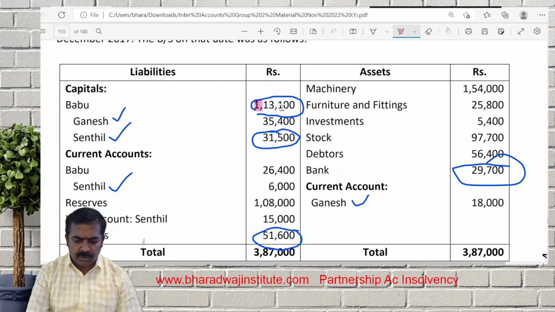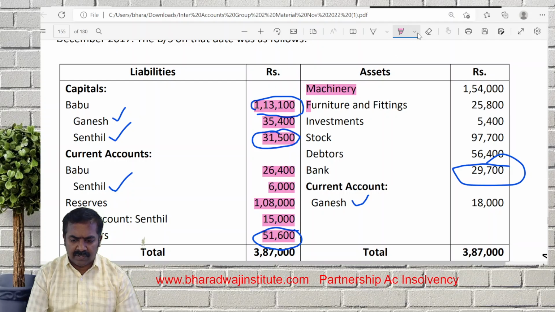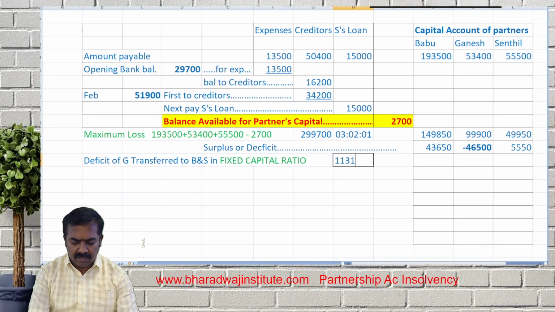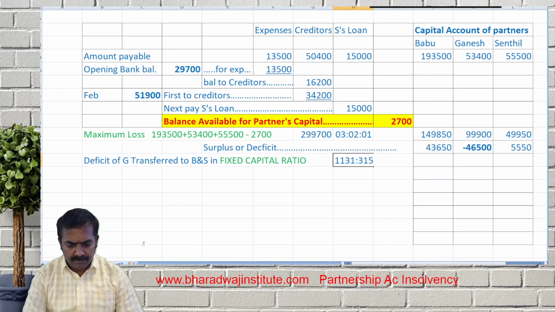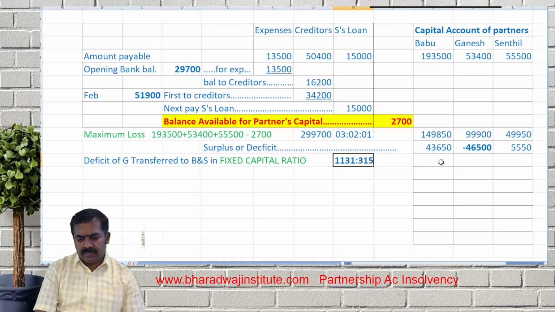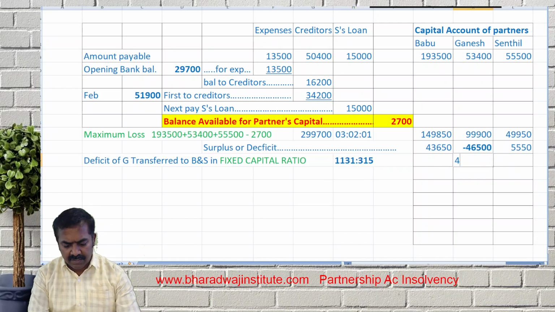Fixed capital ratio 1131,315. Share in this ratio. This 46,500 is transferred to the other partner.